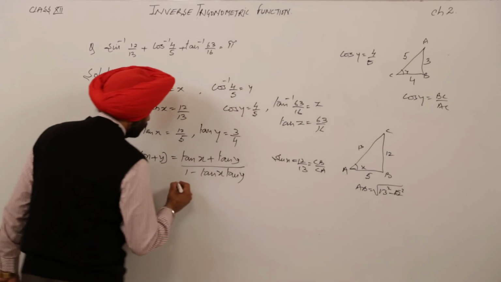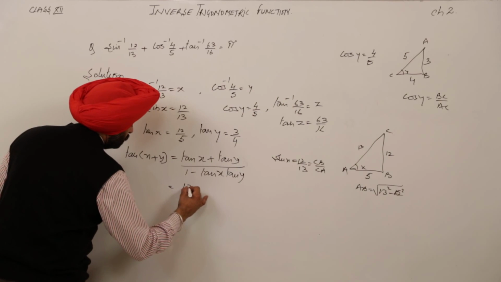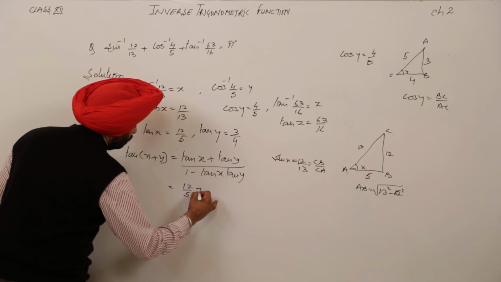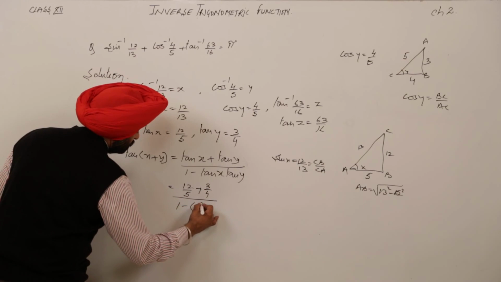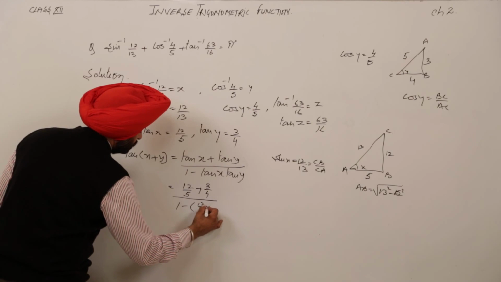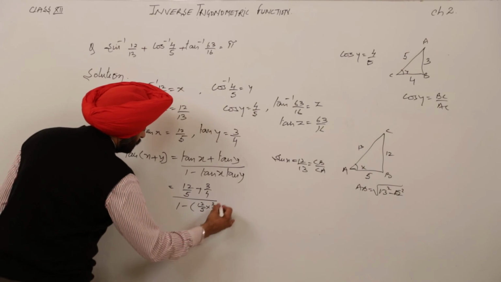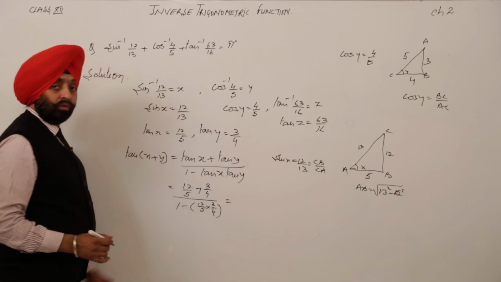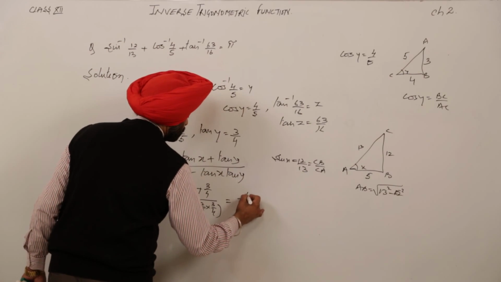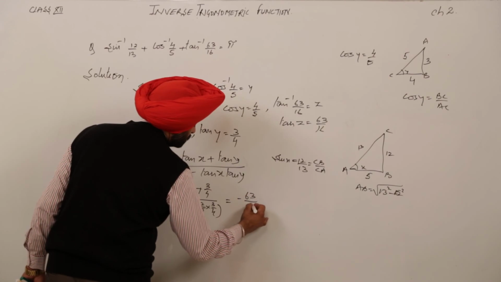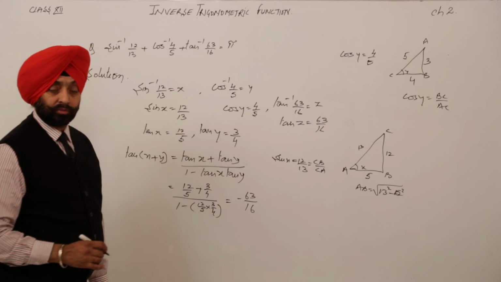So we have 12 by 5 plus 3 by 4 upon 1 minus 12 by 5 times 3 by 4. After solving this, we get minus 63 upon 16.